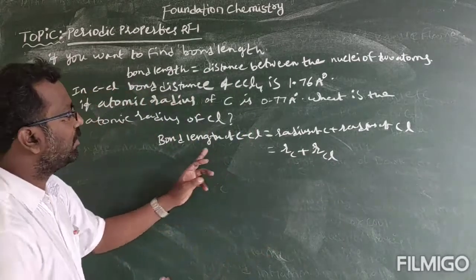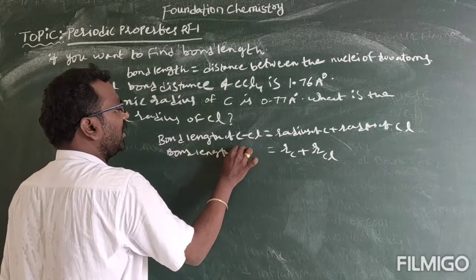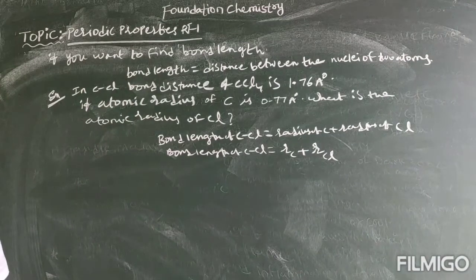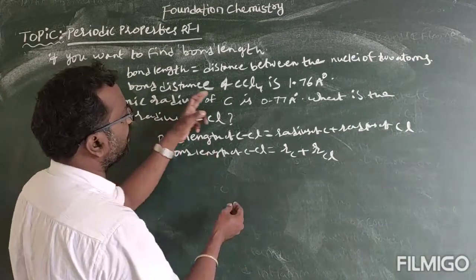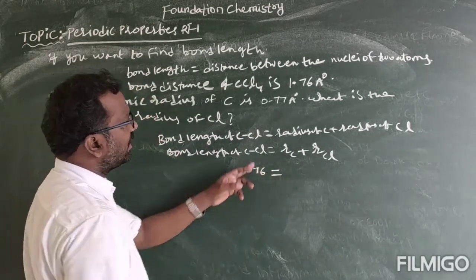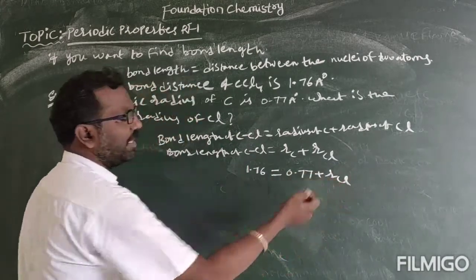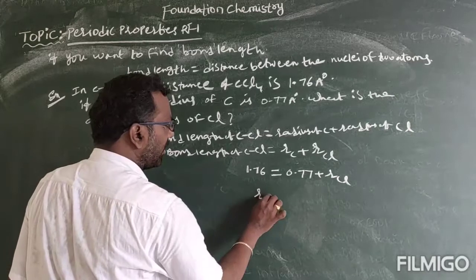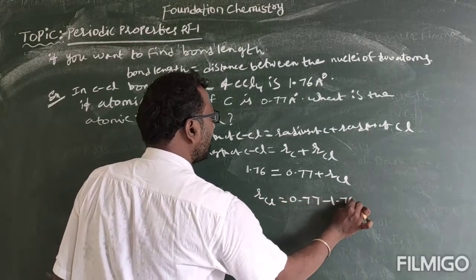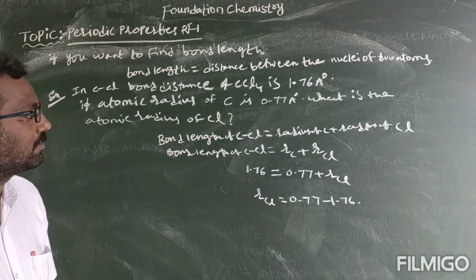This is nothing but the bond length of carbon and Cl. Now the bond length given is 1.76, equal to the radius of carbon 0.77 plus the radius of chlorine, which you are asked to find.